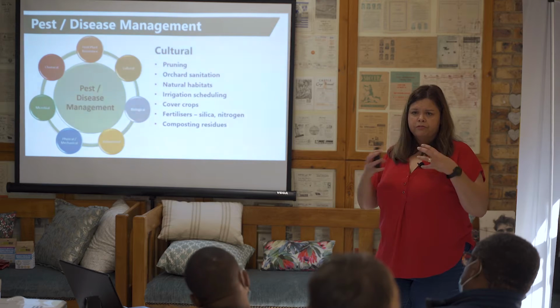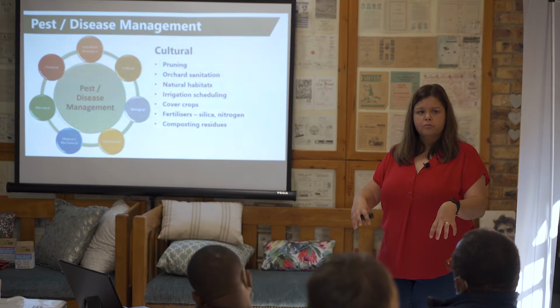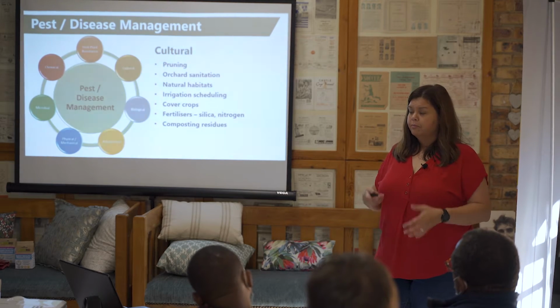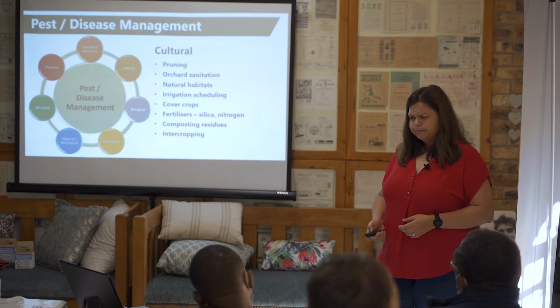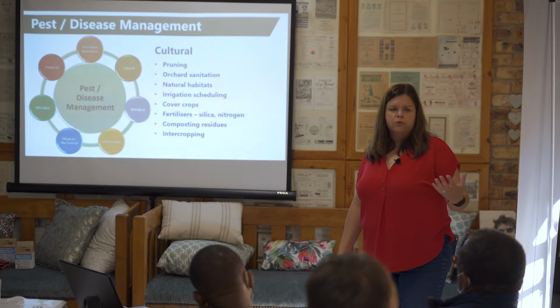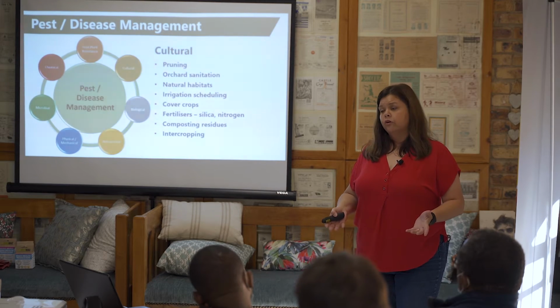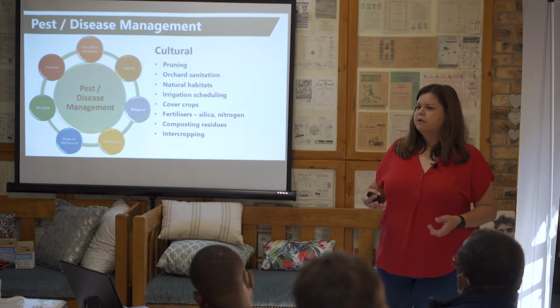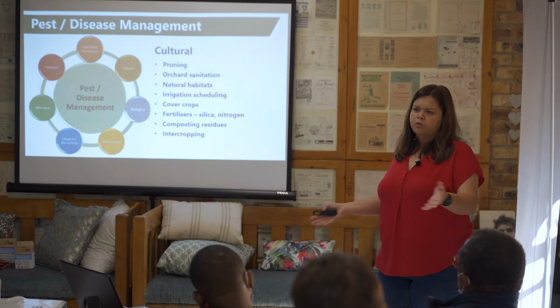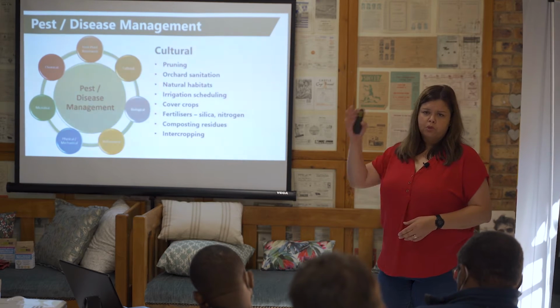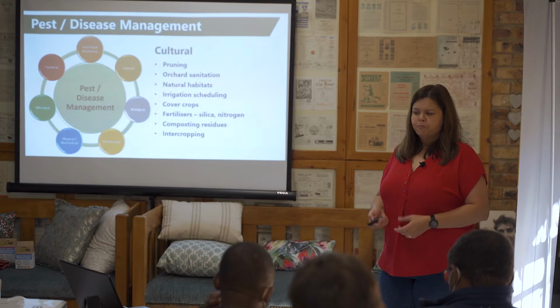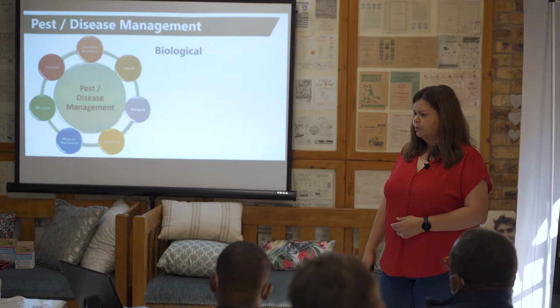The more types of food you give the soil microbes, the more diverse the population you're going to get in there. And then intercropping, especially for young trees, planting something in the interim to make it more economical, something that you can already harvest while you wait for your crop to reach maturity and start delivering nuts. So quite a few options are available.